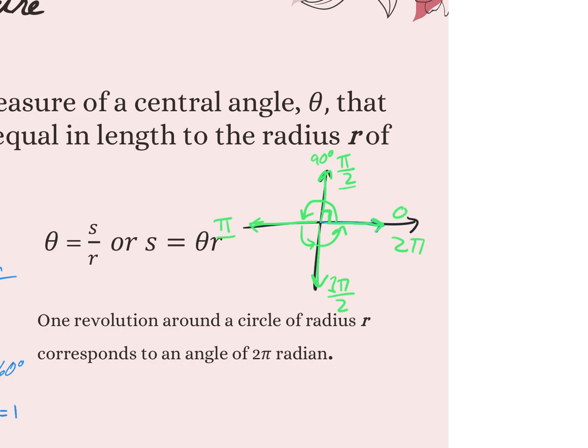This is how we can separate our quadrants in radians. Our first quadrant is going to be between 0 and pi over 2. Our second quadrant is from pi over 2 to pi. Our third quadrant is from pi to 3 pi over 2, and our fourth quadrant is from 3 pi over 2 to 2 pi.